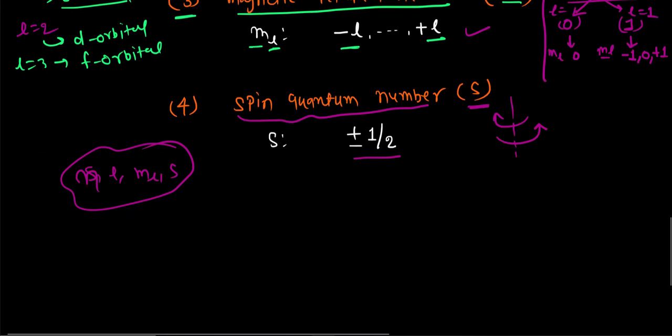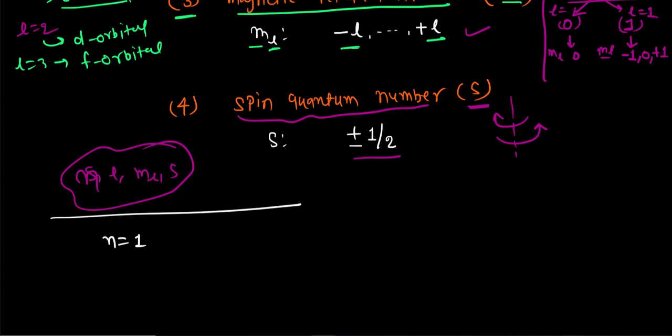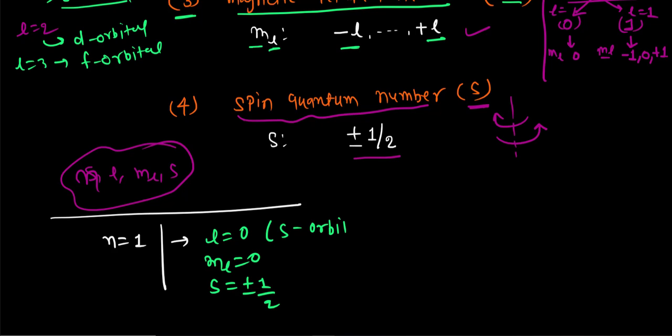Let's say for n is equal to 1, we defined L is equal to 0, and m sub L would be 0 also, and S can be plus minus 1/2. And L is equal to 0, we called s orbital.